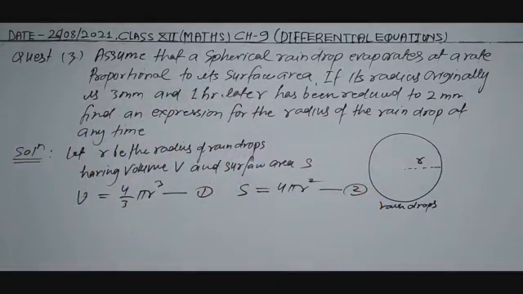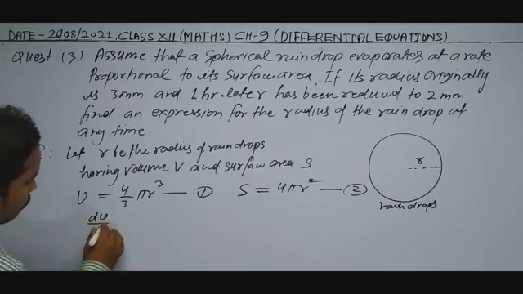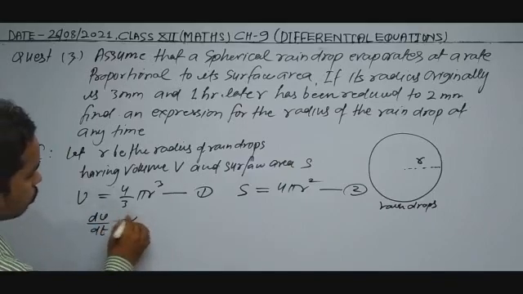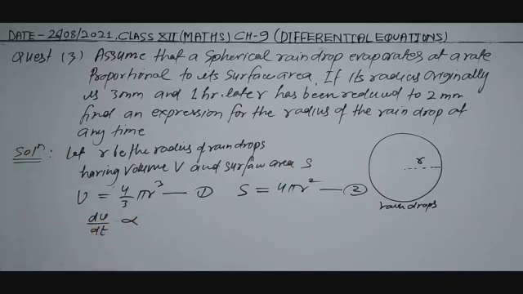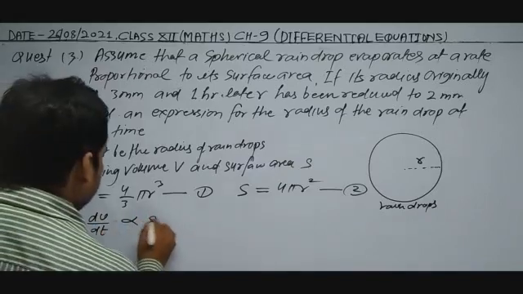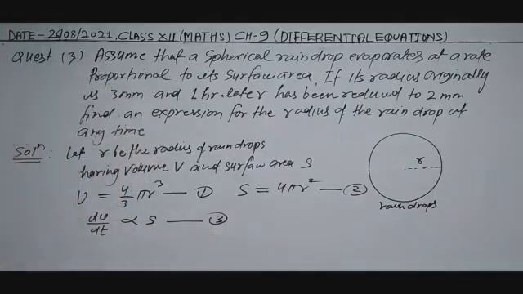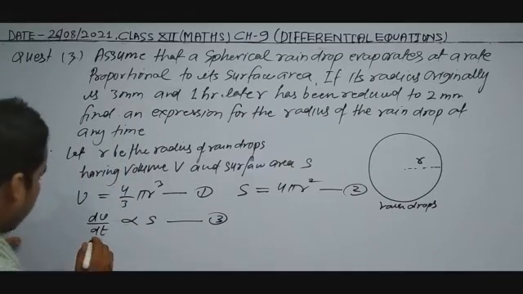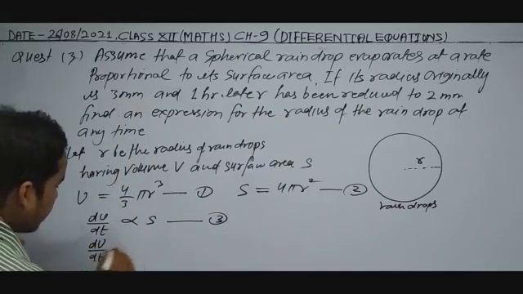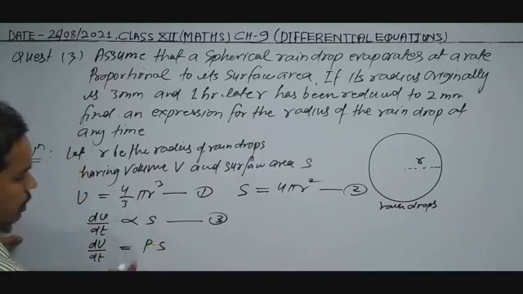Now according to the question, the rate of change of volume of the raindrop is proportional to the surface area S. So consider equation 3: dV by dt is equal to P times S, where P is a constant of proportionality.